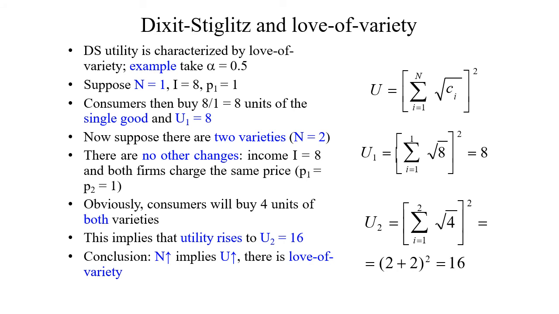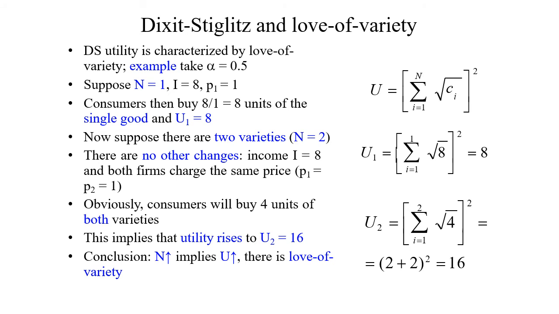Same price, so you're going to buy the same amount of units, right? 4 times 1 Rand for product 1 plus 4 times 1 Rand for product 2 is equal to your income of 8. Your next step is to plug those consumption values C1 and C2 into your utility function of U2. When you plug them in, you find that the utility you get now for 2 products in the market at the same prices is equal to 16.